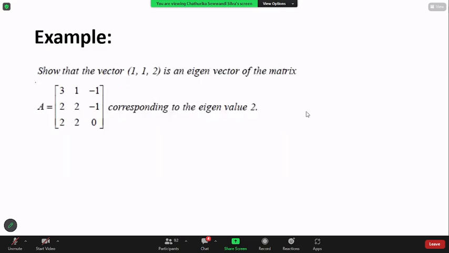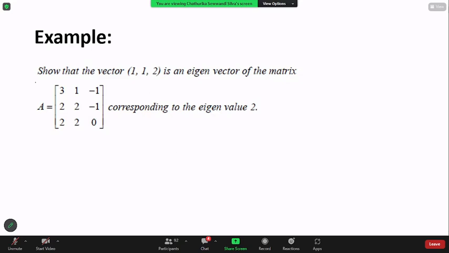So here they have given the vector, but in most cases in the paper, first you need to find the 3 eigenvalues by yourself, and then the 3 eigenvectors corresponding to the 3 eigenvalues.